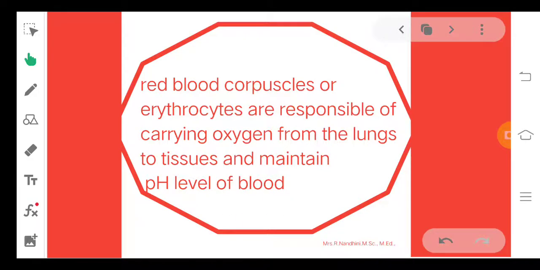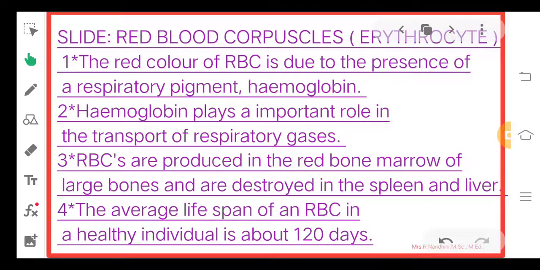Already we know it carries oxygen from the lungs to the tissues of the body, all body parts, every tissue and cell, and maintains the pH level of blood. Now the explanation of the slide: red blood corpuscles or erythrocytes.